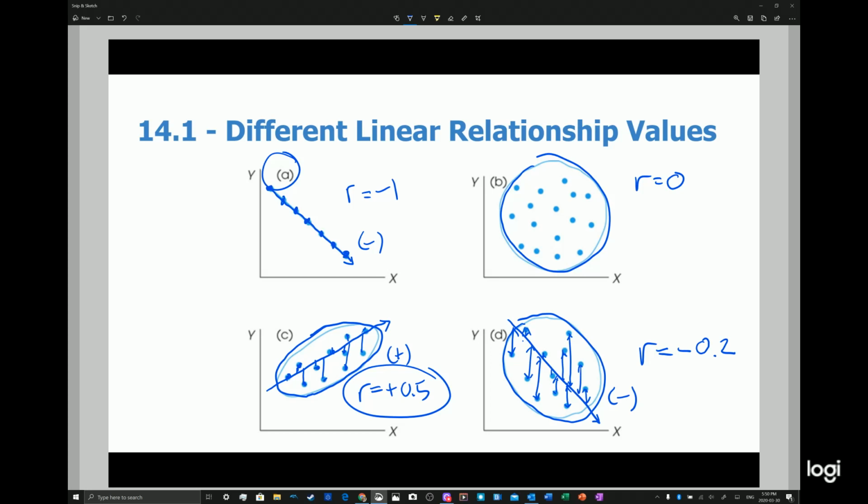Again, you can see here the closer the points are to a regression line that is not flat. A flat line means the correlation is 0. There's no correlation.